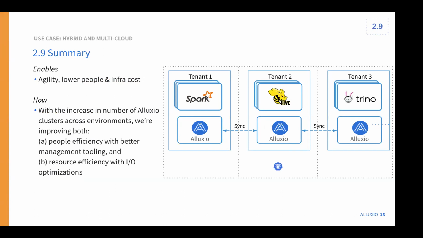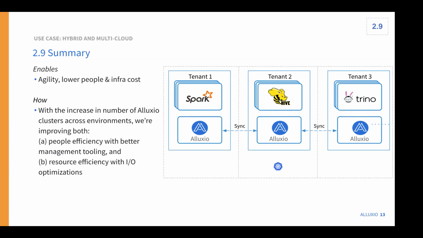So the 5 things that I highlighted for this particular release, the general theme is to enable agility for a platform as new tenants are onboarded, but also reduce the people and the infrastructure cost for managing a large scale infrastructure.